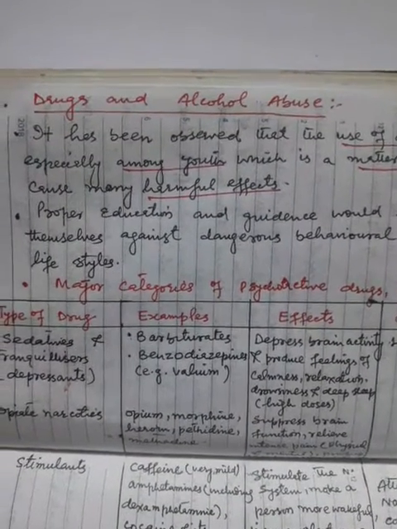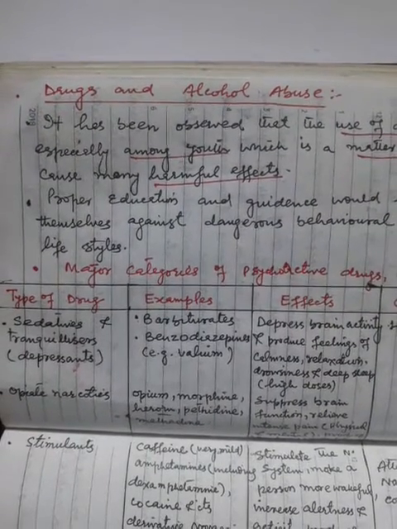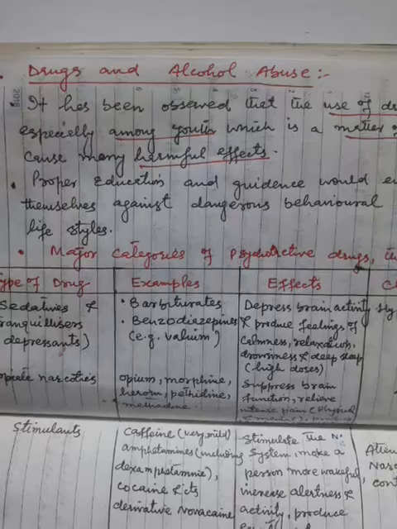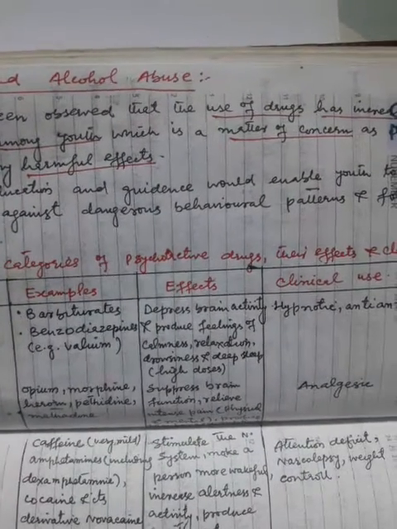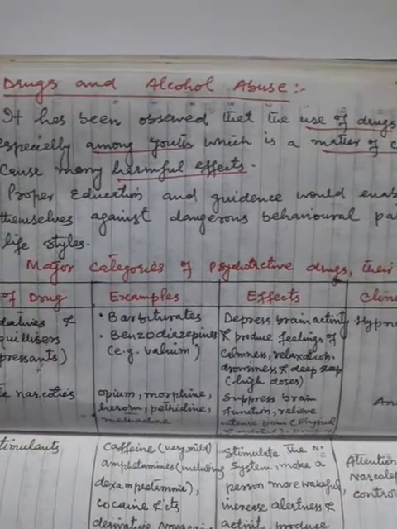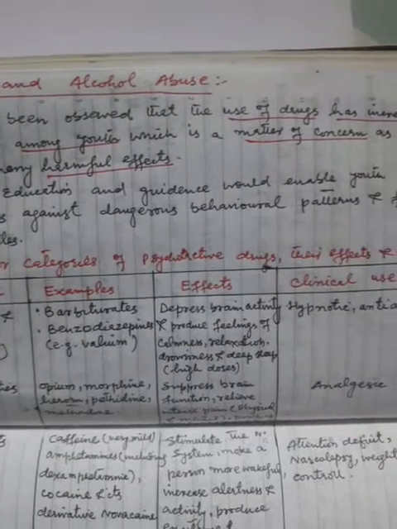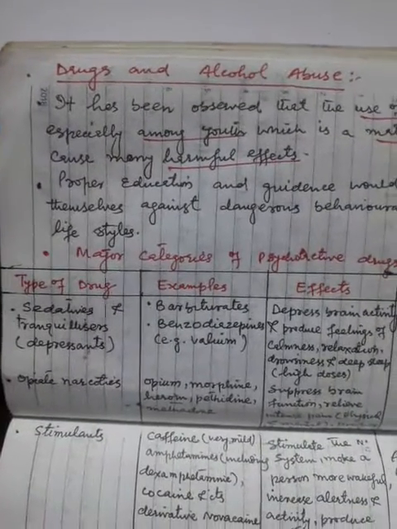Today's offline class is about drugs and alcohol abuse. It has been observed that the use of drugs has increased immensely, especially among youth, which is a matter of great concern as it would cause many harmful effects.